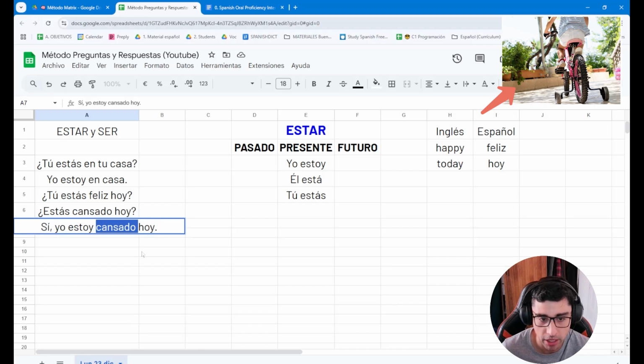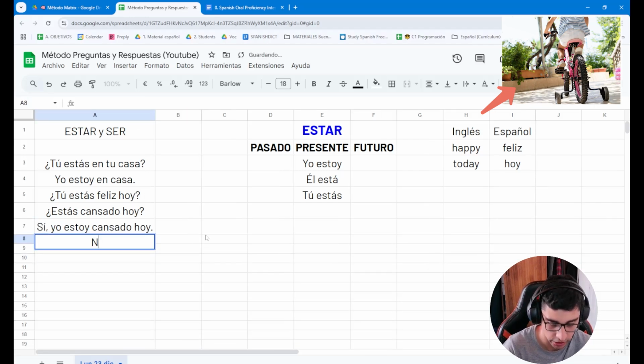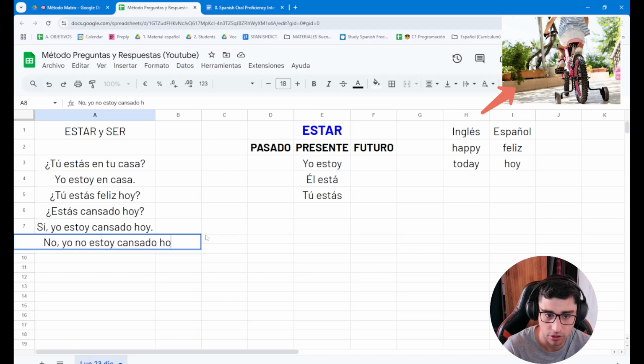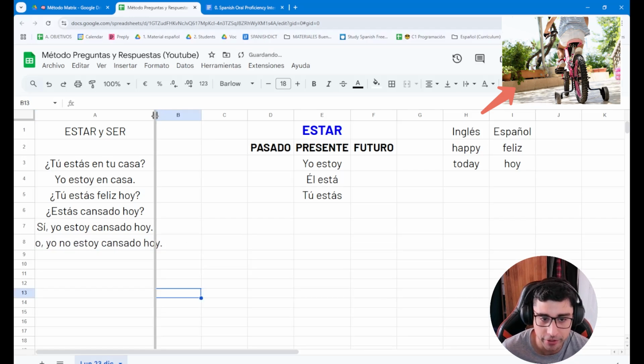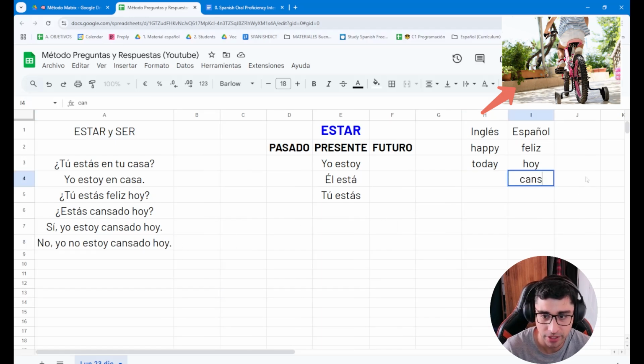Cansado if you are a man, or cansada if you are a woman. Or also you could say no. Yo no estoy cansado hoy. And if you are wondering the meaning, el significado de cansado, cansado means tired.